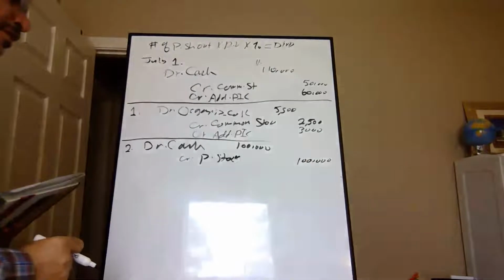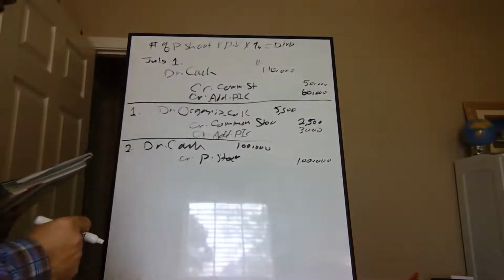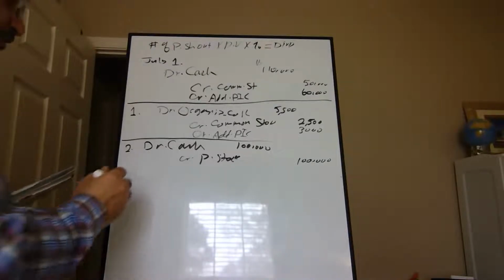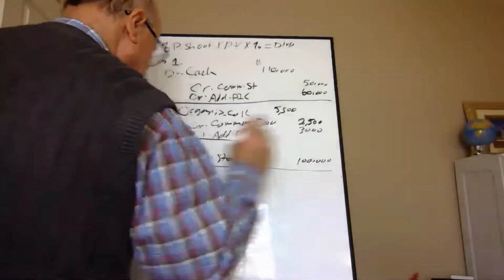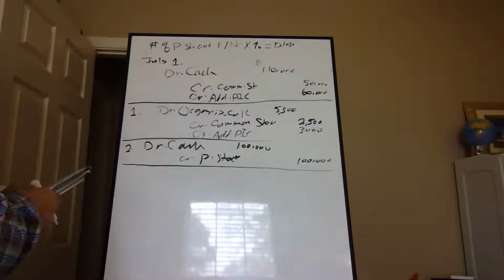The par value of the preferred shares gives us $100,000. All right, that's on the 2nd.